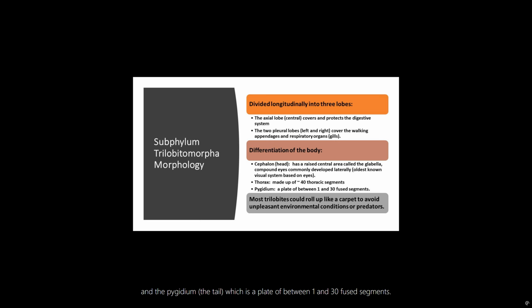The thorax, the middle part, is made up of approximately 40 thoracic segments in most, but not all species. And the pygidium, the tail, is a plate of between 1 and 30 fused segments. With these segmented bodies, most trilobites could roll up to avoid unpleasant environmental conditions or predators, much like pillbugs in your yard do today.